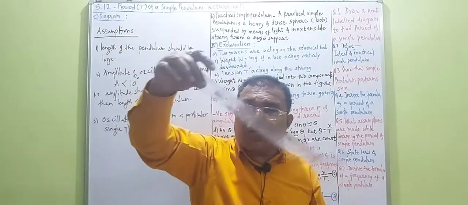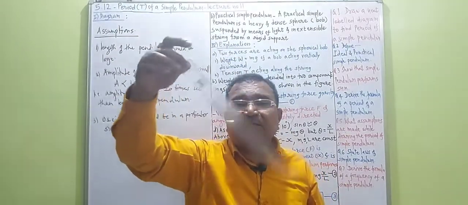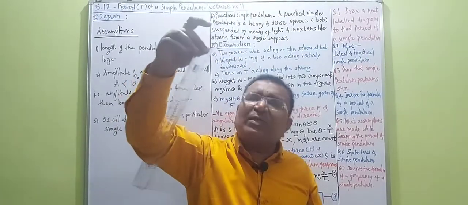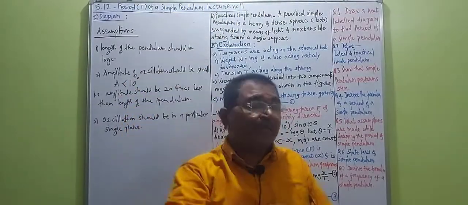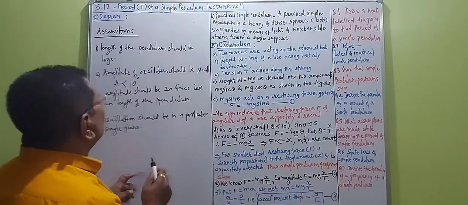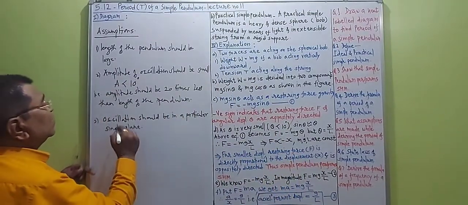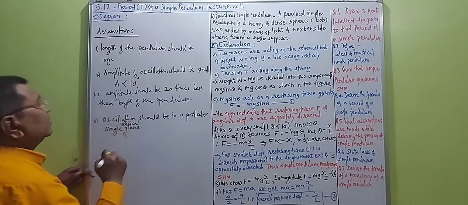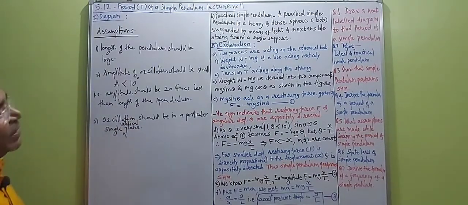Oscillation, up to the end of the practical, up to the end of the experiment, is completely in a particular single vertical plane. Oscillation should be in a particular single vertical plane.